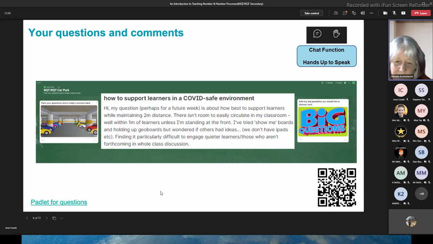Or if you think of something during the session today, then again, please add that in. We will come back to the Padlet in the middle of the session and again towards the end, and share if there have been any responses to that question, and also answer any other questions that have come up if they're suitable for today, or just anything that needs discussion.